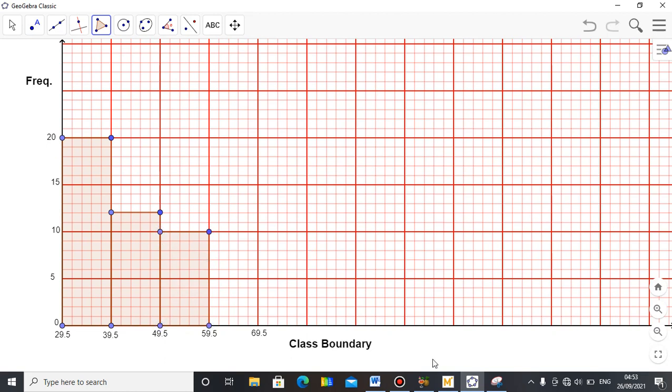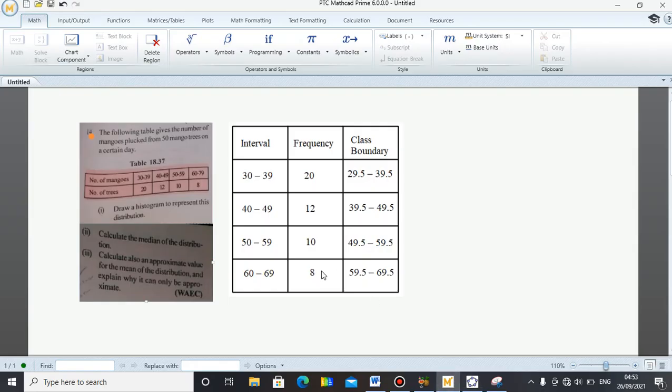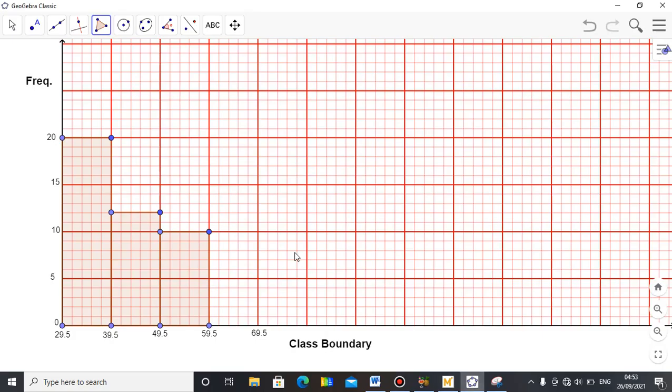Then the last bar, which is 8, from 59.5 to 69.5, and that is all with the histogram. So if this is 5, we have 6, 7, 8. So 8 should be somewhere here. We move like this, like this, like this and like this. So this is our bar chart.